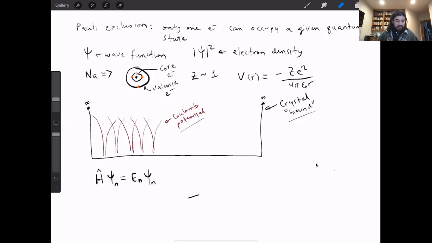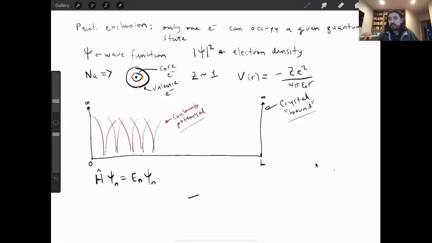And then we know that there's a boundary condition here. So let's assume that this crystal goes from 0 to L. Because it's a crystal and our electrons are waves because they're quantum particles, you have to obey that boundary condition.